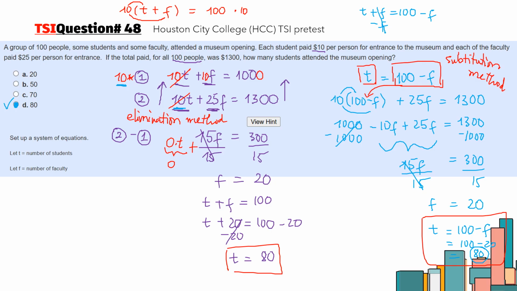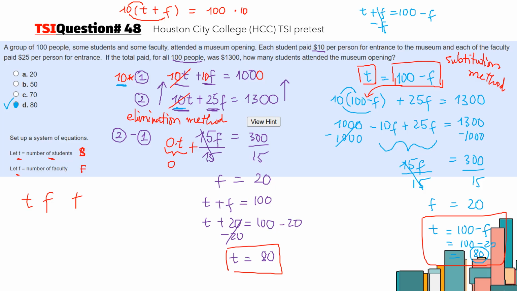And one more notice here: because it is the number of students, it's better to say S for the student, and don't call it T and F, because when you write it fast, they look alike. See that look alike? You don't know if it's T or F or plus. So it's confusing. So if it's students, I will call it S, and then we will call this one F, so that we have them separate.